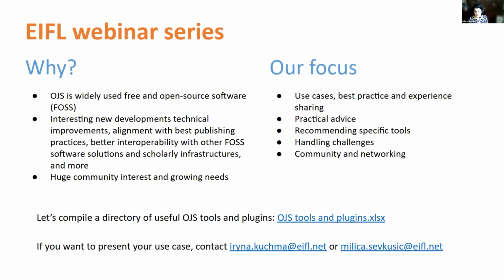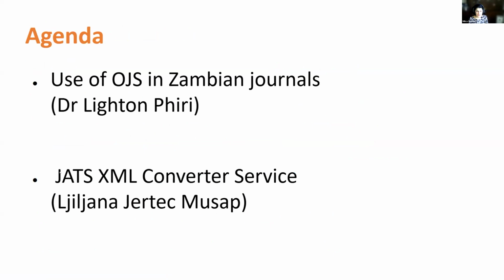So now today we will have two presentations by Dr. Lighton Phiri about OJS in Zambian journals, and later a more technical one about a tool that's been developed by the University of Zagreb Computer Center, SRCE. And I'll stop sharing, and I would invite Lighton to share his presentation while I'm introducing him. I will say a few words about him.